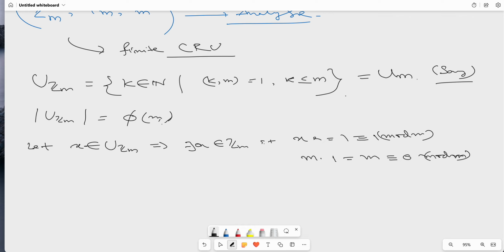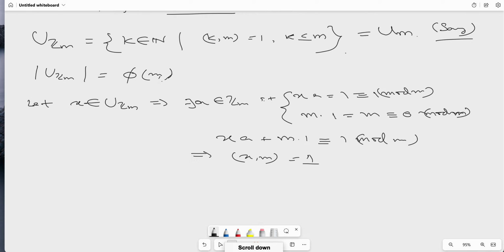So I am adding these two. From here and here, what do we get? I get x a plus m·1 is congruent to 1 mod m. This is basic number theory. This means that the GCD of x comma m is 1, because I can write 1 as a linear combination of x and m.